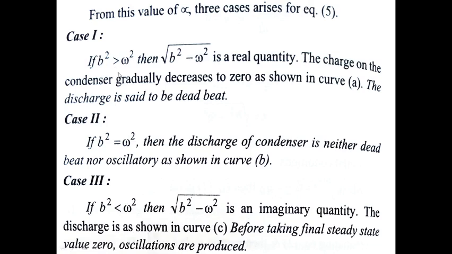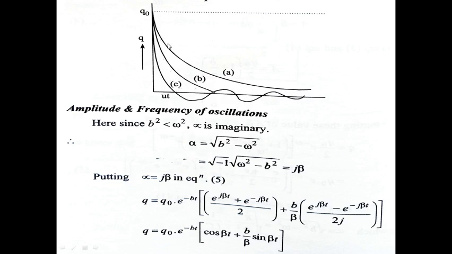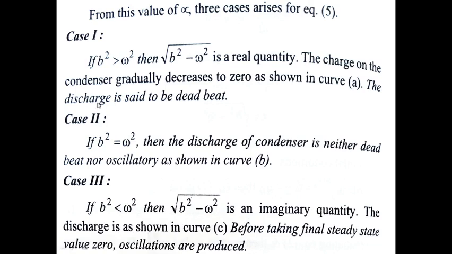If b square is greater than omega square, then under root b square minus omega square will be positive, so it is a real quantity, and the charge on the condenser gradually decreases. In this case, charge will decrease to 0, as shown in the figure, and this discharge is called aperiodic or deadbeat.